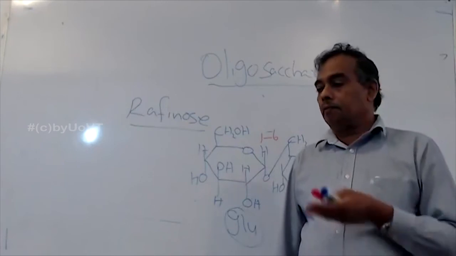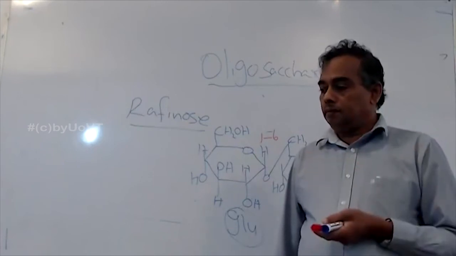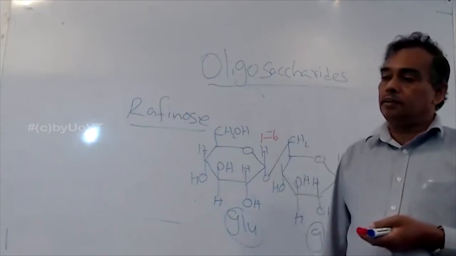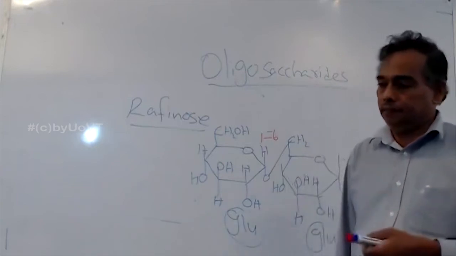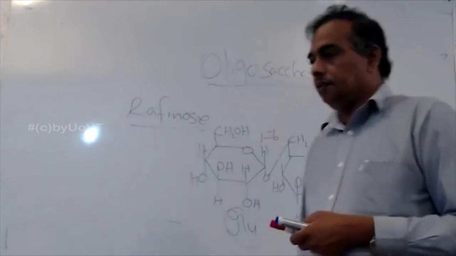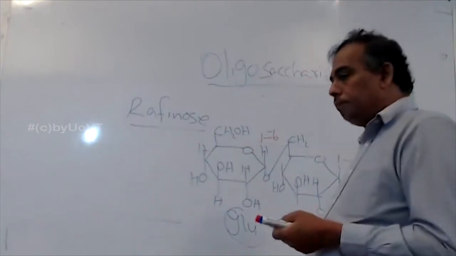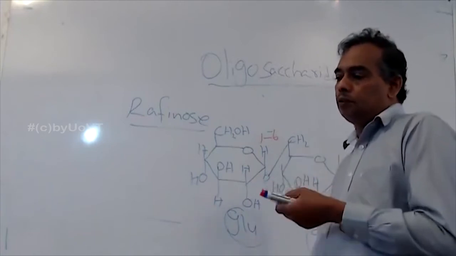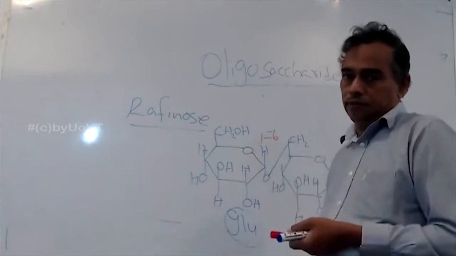But in the case of raffinose, a trisaccharide, the story is a little bit different. Why? Invertase can break the glycosidic linkage between fructose and glucose of the sucrose.